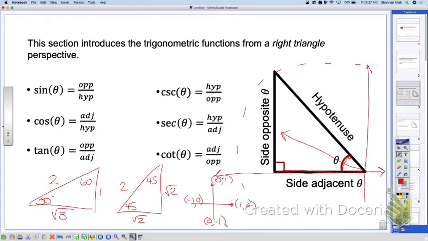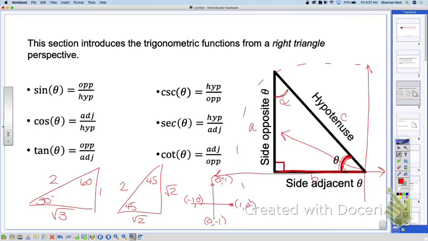What's the adjacent side again? Adjacent is the side that touches the angle you're talking about. So this is our central angle. So this is the adjacent. Now, if I moved, so I'm going to label these. I'll label this side A, side B, and side C. If I come up here and talk about this angle alpha, what's the opposite?